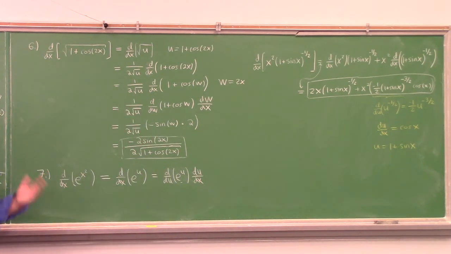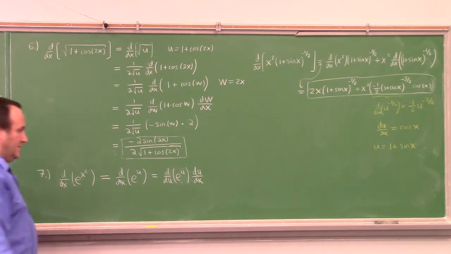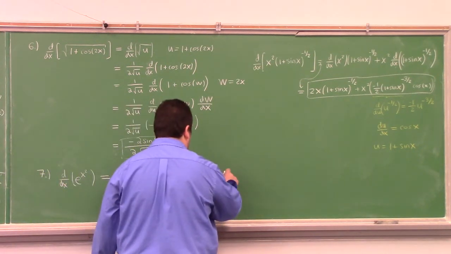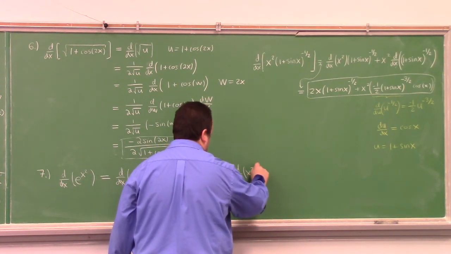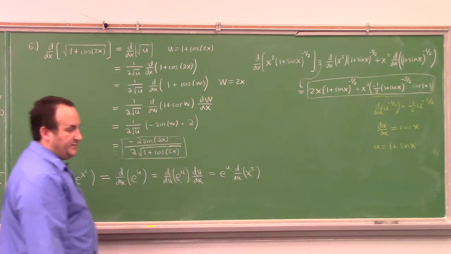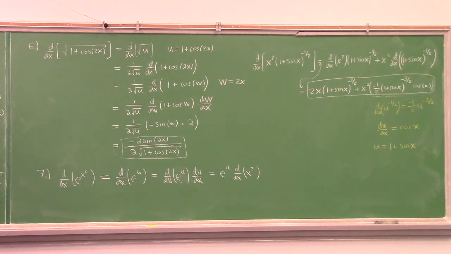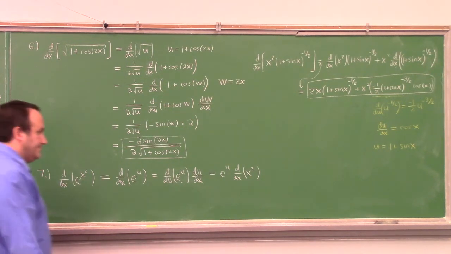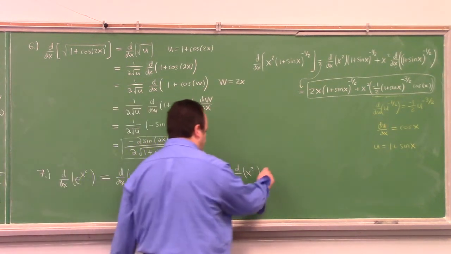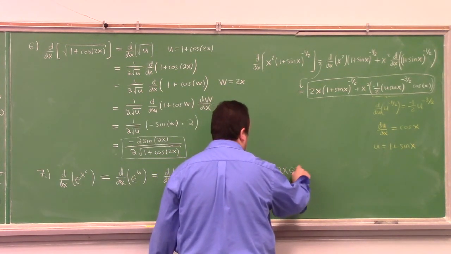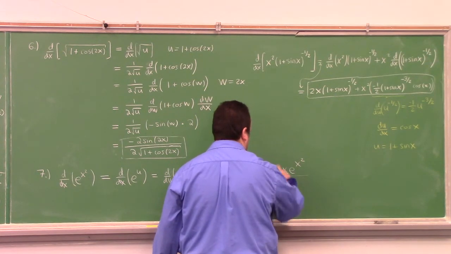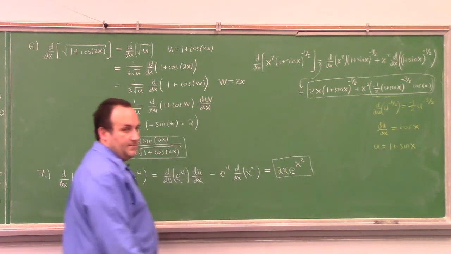But the derivative of e to the u is e to the u. So we're looking at e to the u times d dx of x squared. Derivative of x squared was 2x. So we have 2x e to the x squared. There you go.